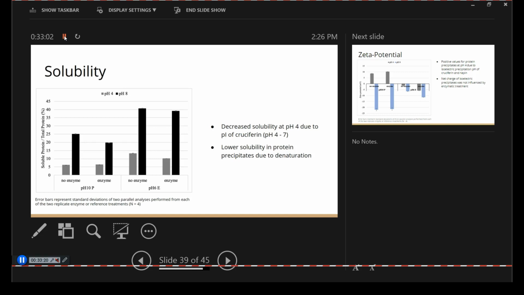Can you guess what I'm talking about? At pH 6, the extract had higher solubility than pH 10. Am I allowed to answer? You are allowed to answer.